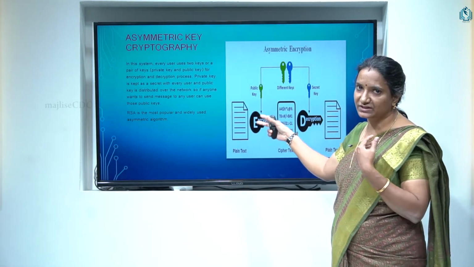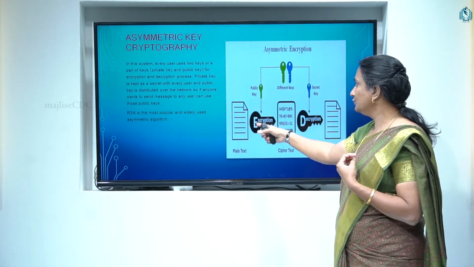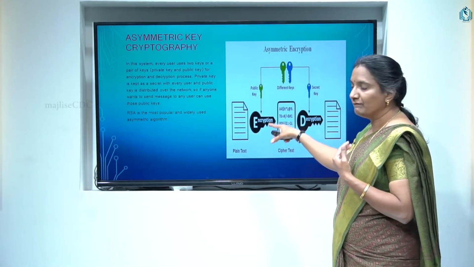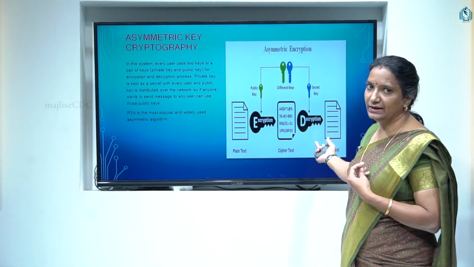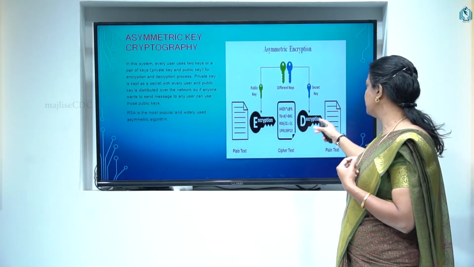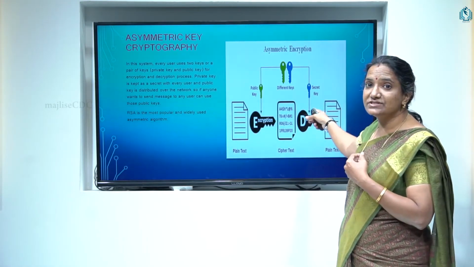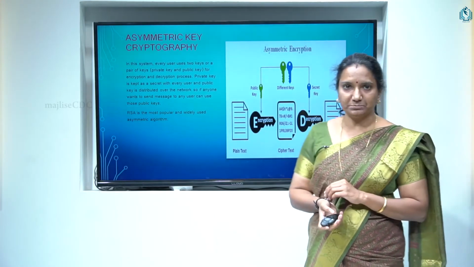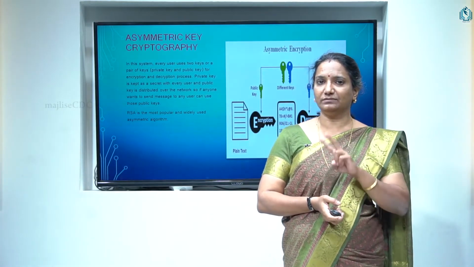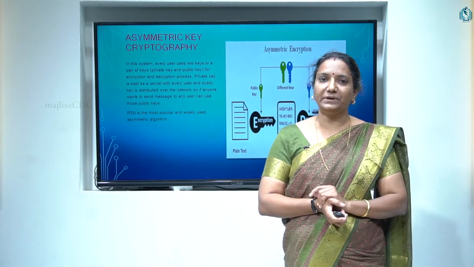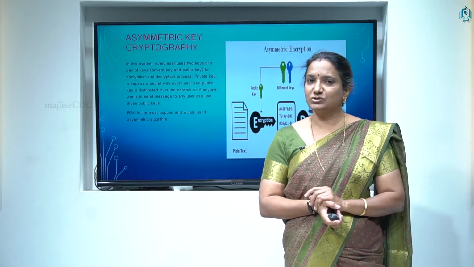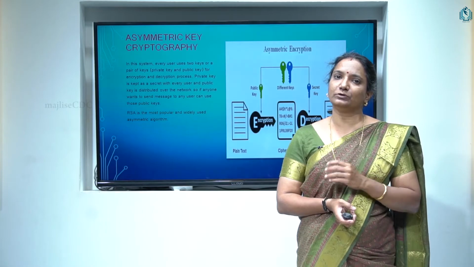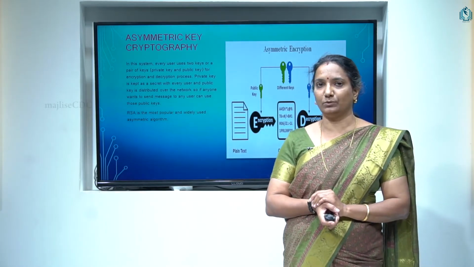When a sender wants to send a message, the sender uses the receiver's public key for the encryption process. When it reaches the receiver side, the receiver decrypts that message using the receiver's private key, or secret key, for decryption purposes. So in asymmetric key cryptography, two keys are used, the public key and the private key. It is also called public key cryptography. The most popular cryptographic algorithm used is the RSA algorithm.